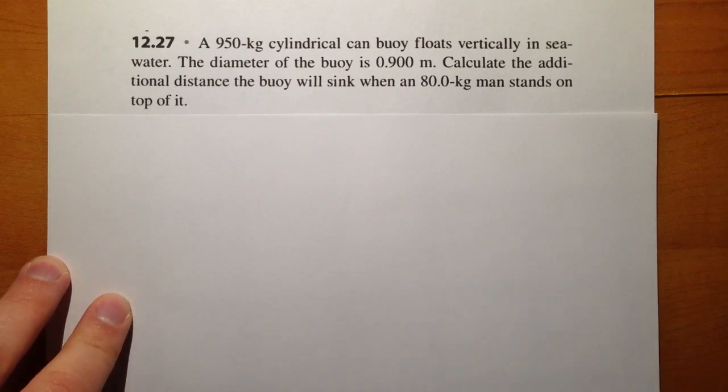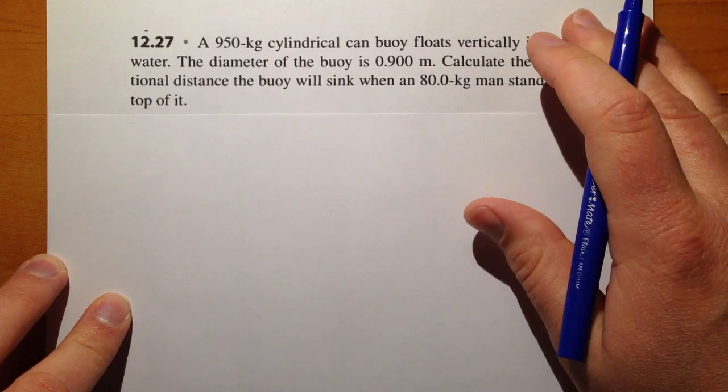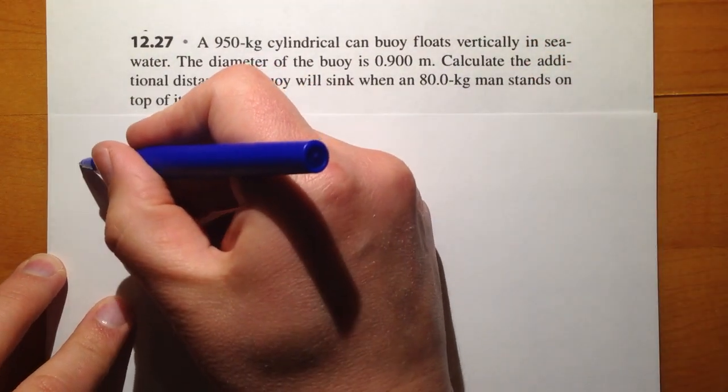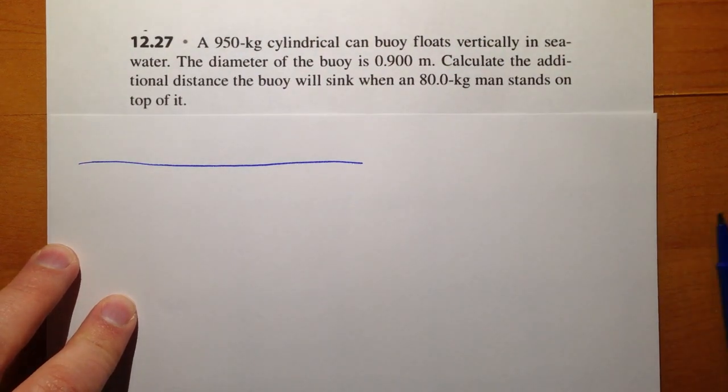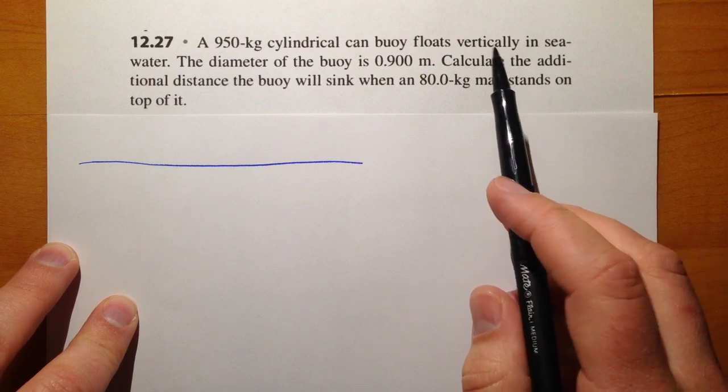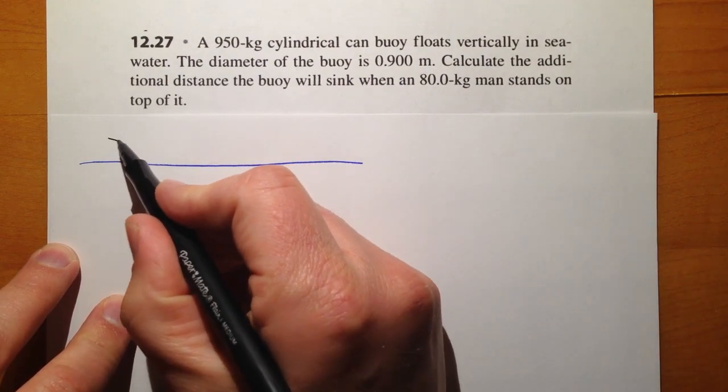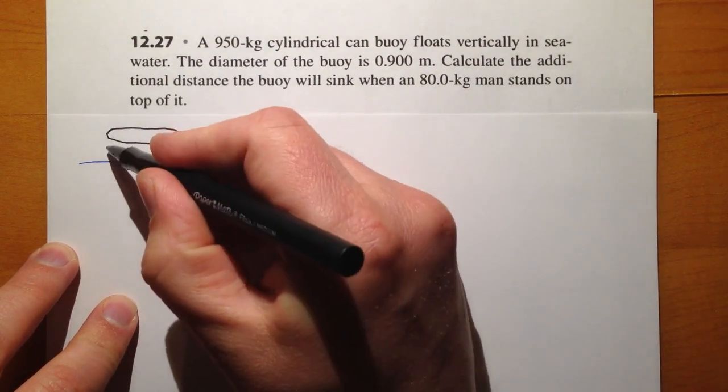Okay, so let's try to interpret those words. Let's draw a picture. I'm going to draw the seawater, and I'm going to draw a buoy. It's a cylinder, can-shaped buoy, which is floating vertically.